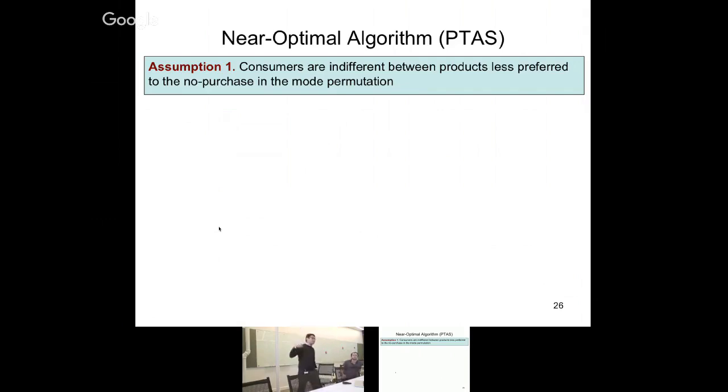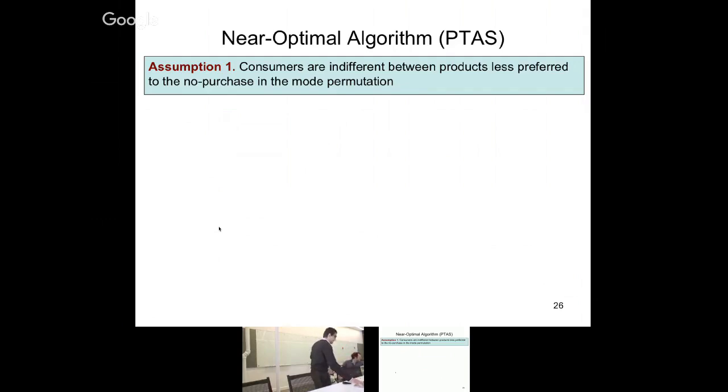The assumption that we need is, let's think about the single Mallows model and think about the preference of users for products which are less preferred than the no purchase option, the null option. So the assumption we need is that users are indifferent between options that are less preferred than the no purchase option in the mode.